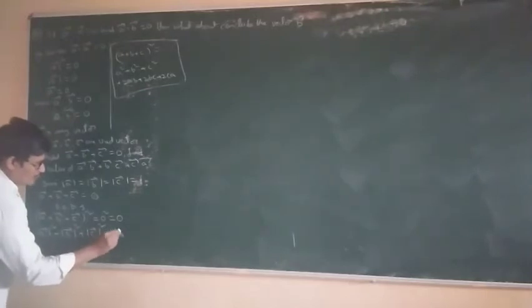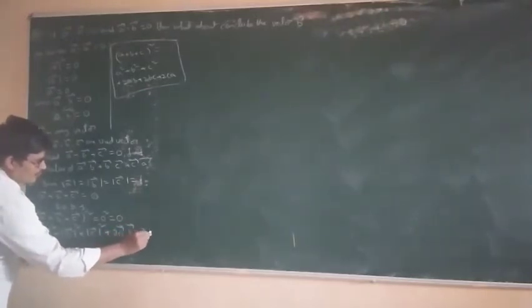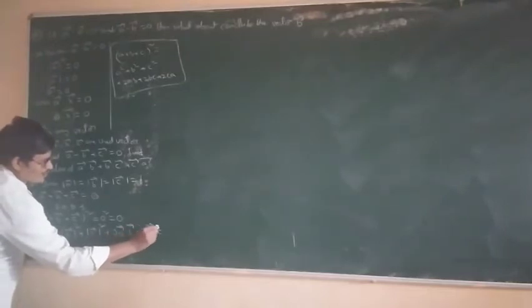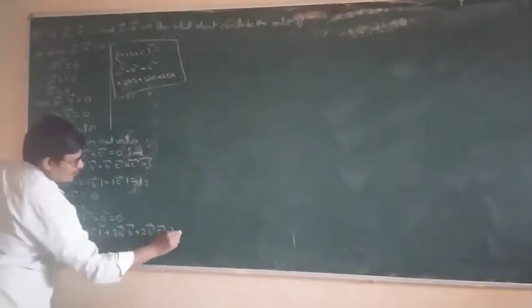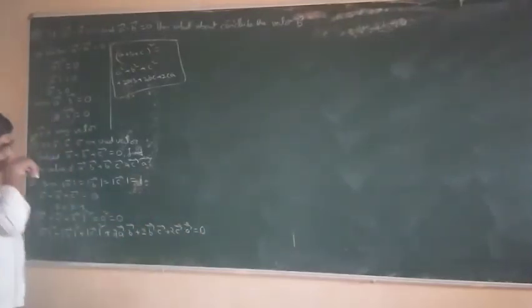So mod a bar whole square plus mod b bar whole square plus mod c bar whole square plus 2 into a bar dot b bar plus 2 into b bar dot c bar plus 2 into c bar dot a bar is equal to 0.